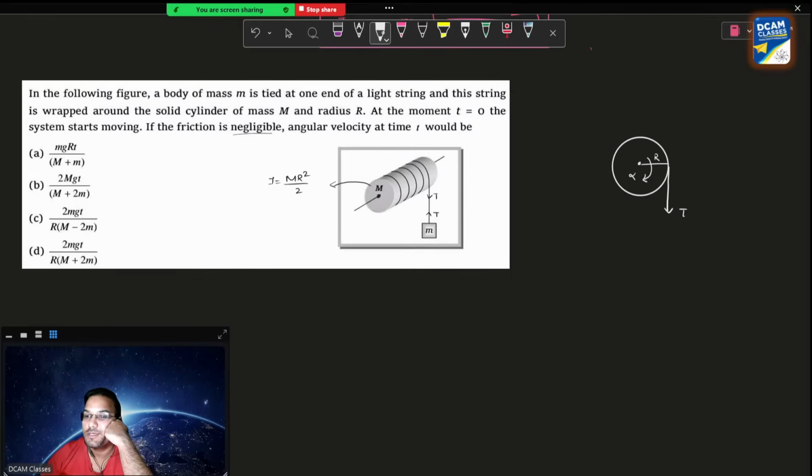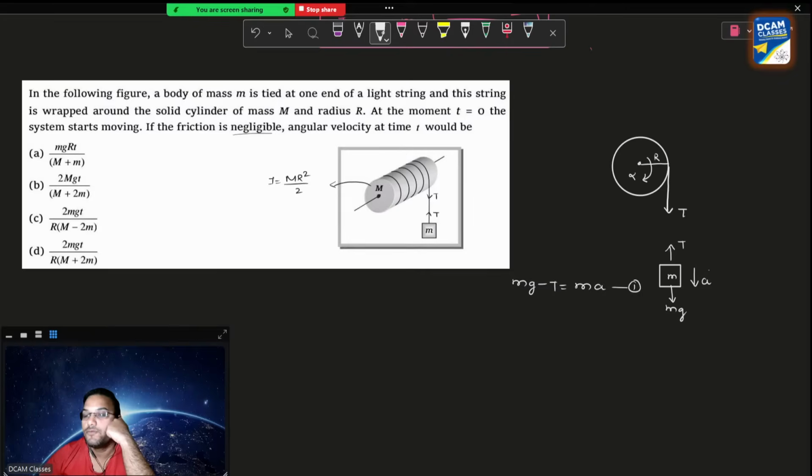For the mass m, if I draw, this is a mass m, and for this, the tension will be T upwards, there will be mg force downwards, and obviously there will be an acceleration a downwards. So if I make the equations, one will be mg minus T is equal to ma, the first equation for the block.